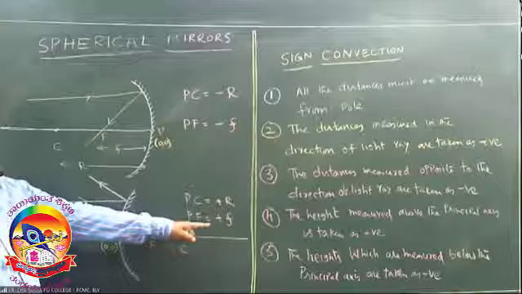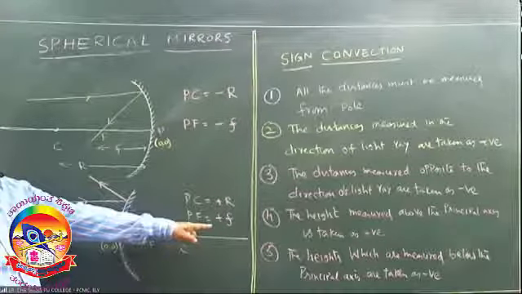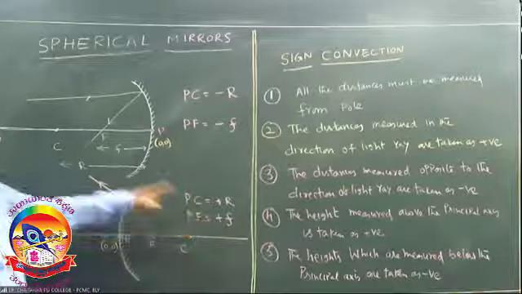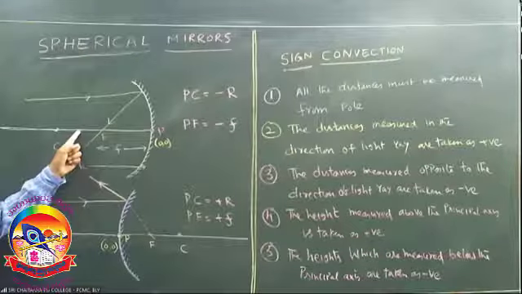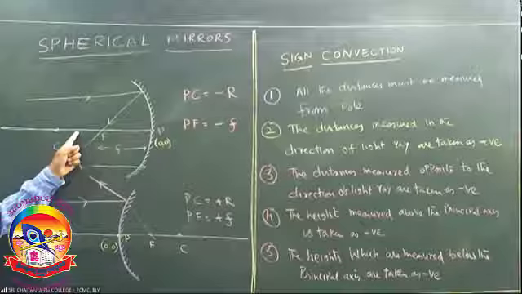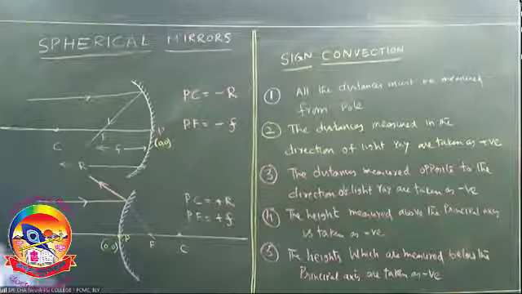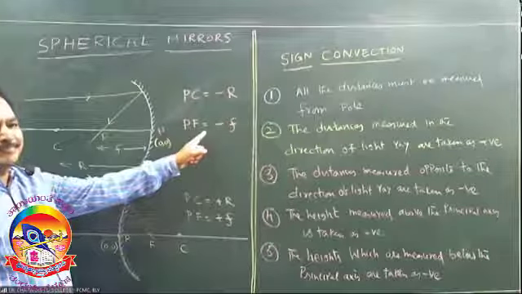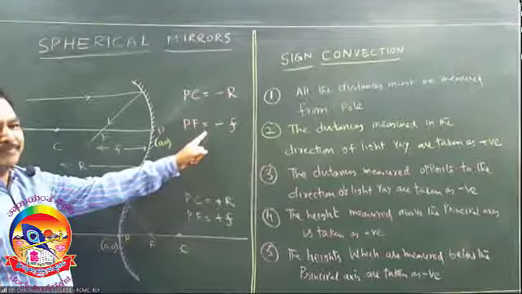Here itself I want to discuss object and image distances. We will discuss deeply later. If the object is kept left side of P, then object distance is negative. If the object is kept right side of P, then object distance becomes positive.